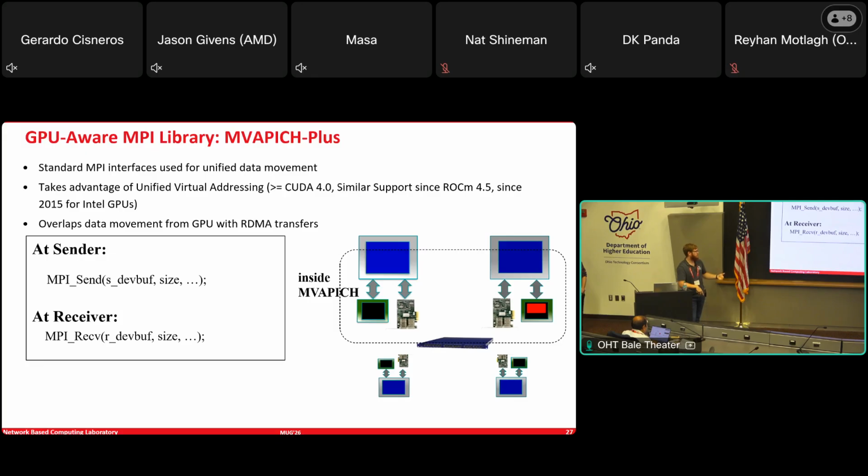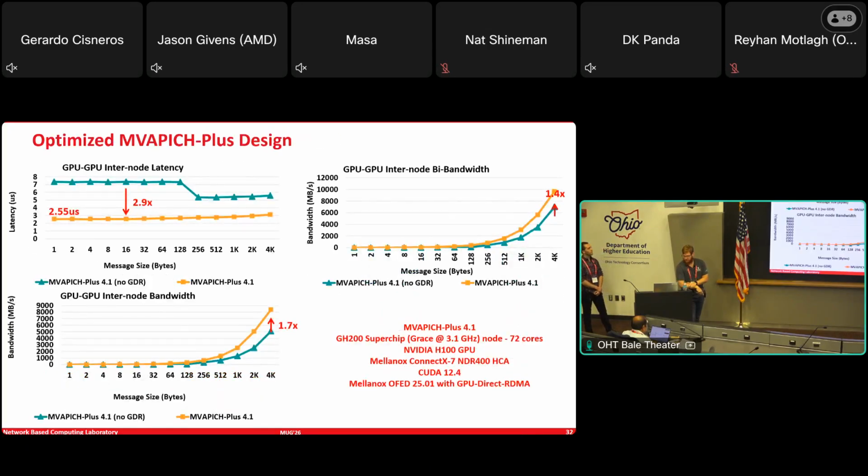Because we have a variety of methods available inside of MVAPICH, we can hopefully choose the best one for your particular data movement case. So this is great because a user does not have to change their code at all, and they still get all the performance benefits.